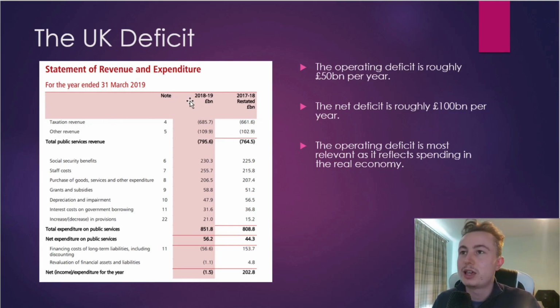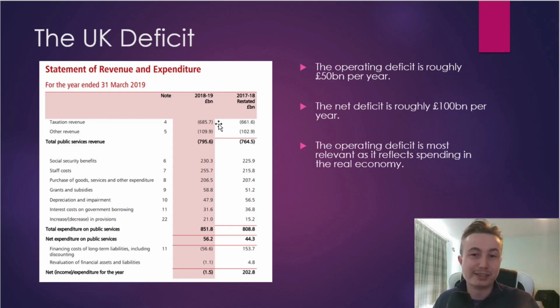At the top we've got tax revenue. That is income that the government's getting from taxing people, businesses and companies. When you die, inheritance tax. When you sell your second home or you sell an asset, you pay capital gains tax.